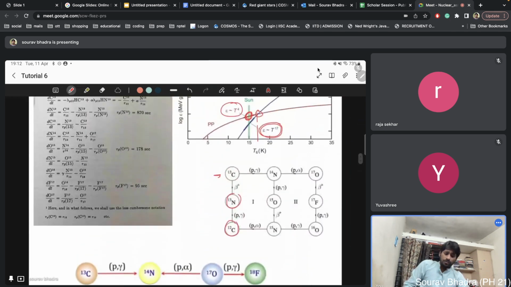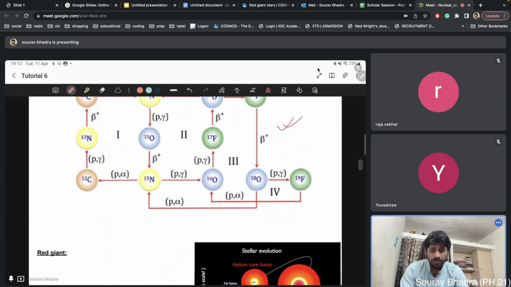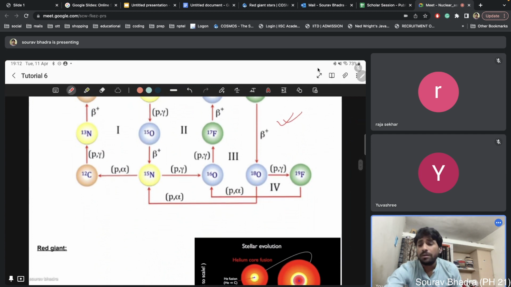Okay, so we have done the CNO cycle, we have done the helium burning. Remember, proton-proton burning is giving rise to helium. Helium burning will give rise to carbon. Now we will consider the carbon burning, and in between, that carbon 12 can trigger the CNO cycle also, which is happening alongside this nuclear burning.